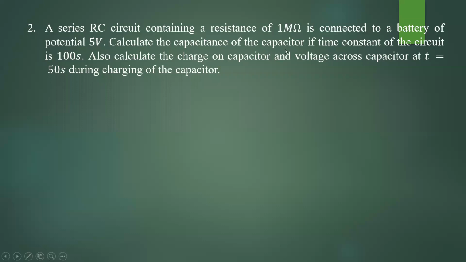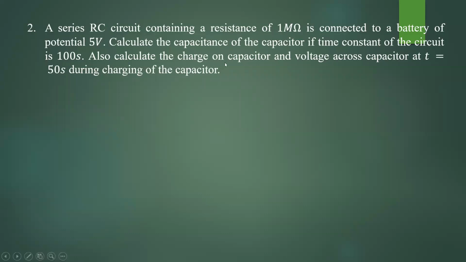Calculate the capacitance of the capacitor if the time constant of the circuit is 100 second. You have to find the capacitance of the capacitor, the value of C. The time constant of the circuit, 100 second, is already given.